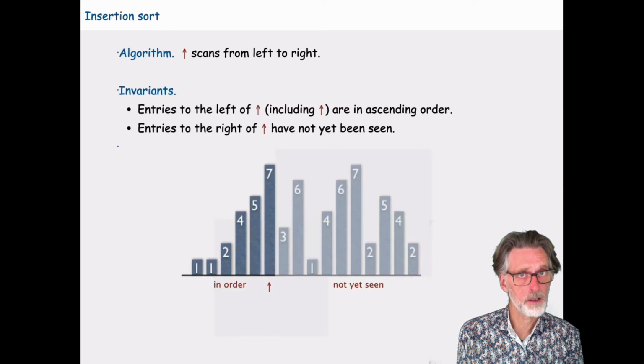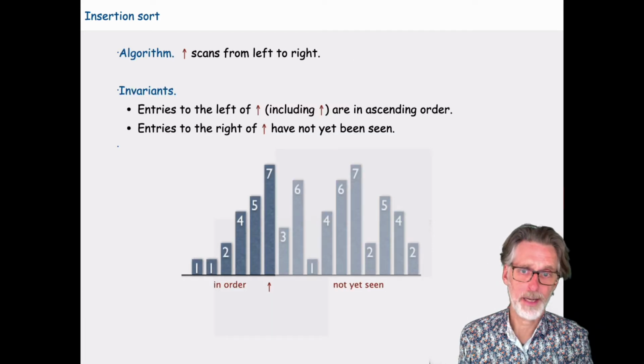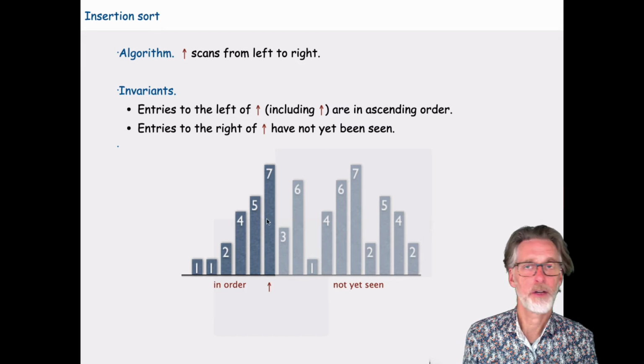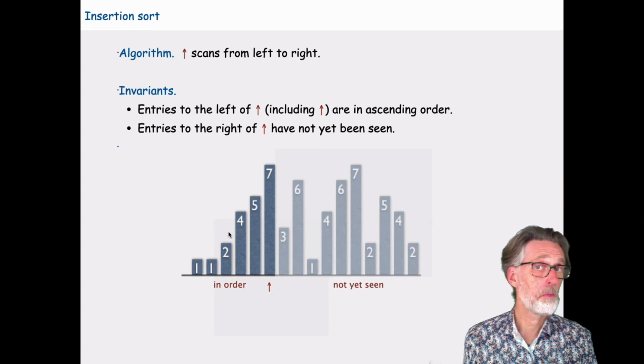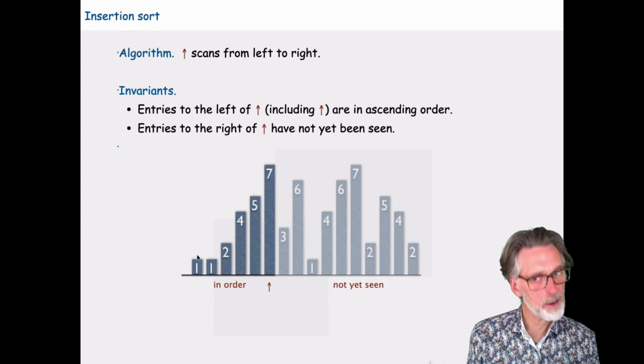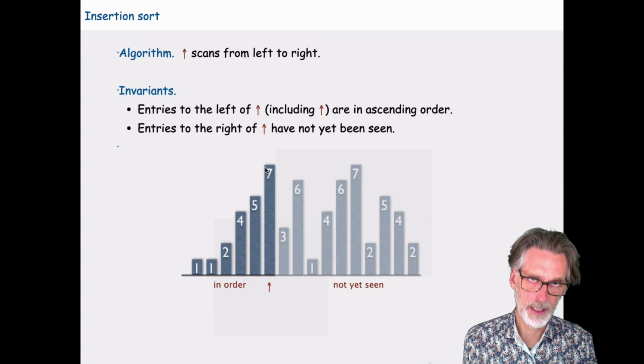It does work. What's the invariant we're maintaining? Well, in this case, very different from selection sort, we're not necessarily putting things in their final places immediately. What we're doing is just looking at one element, moving it to a place that's in the right order for the elements that we've seen.